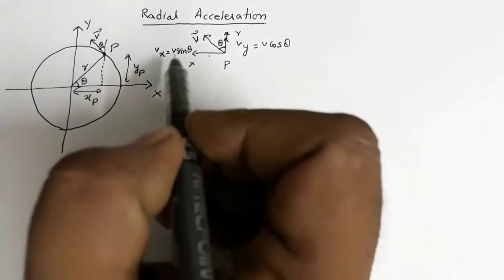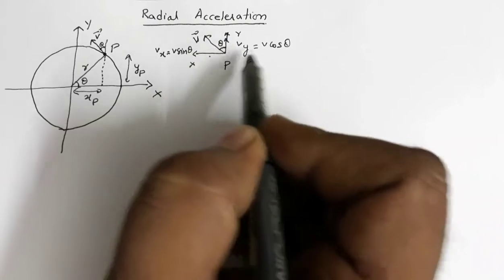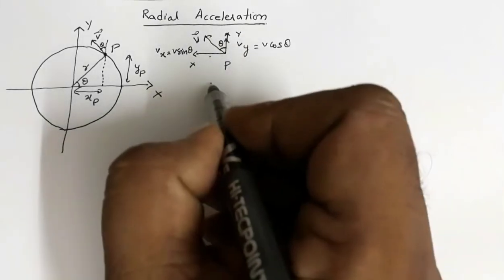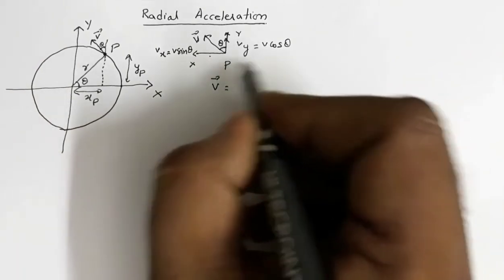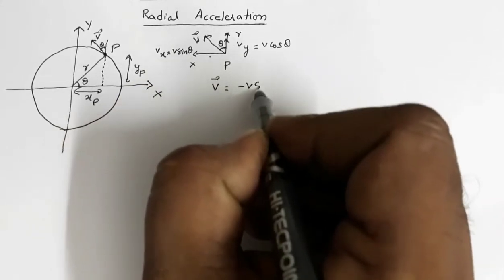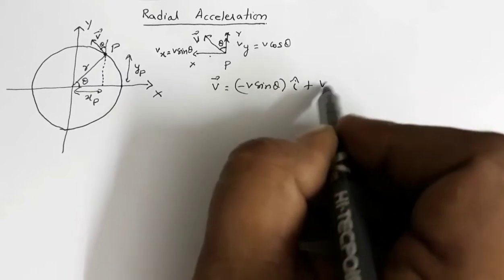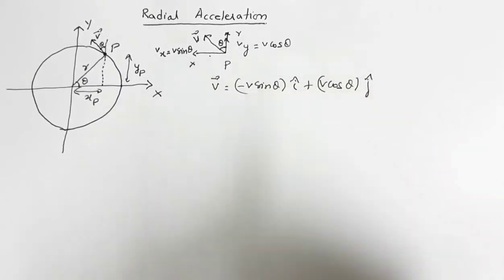But this v sin theta is directed along the negative x-axis, and vy, equal to v cos theta, is directed along the positive y-axis. So velocity v can be written as minus v sin theta i cap plus v cos theta j cap.